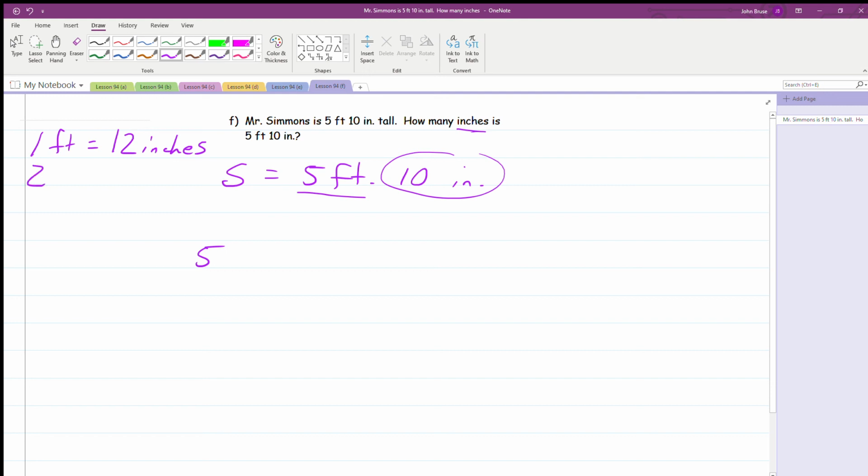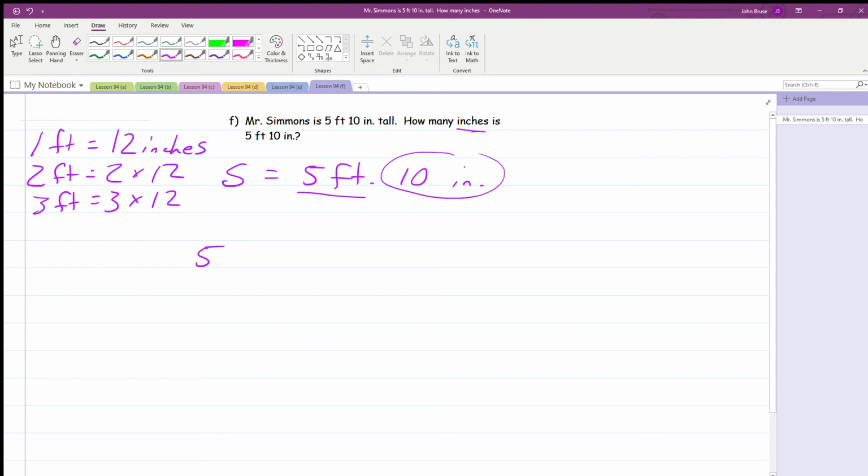So 2 feet would be 2 times 12. And 3 feet would be 3 times 12. So we notice the pattern here: for solving feet to inches, we're just going to multiply however many feet we have times 12.